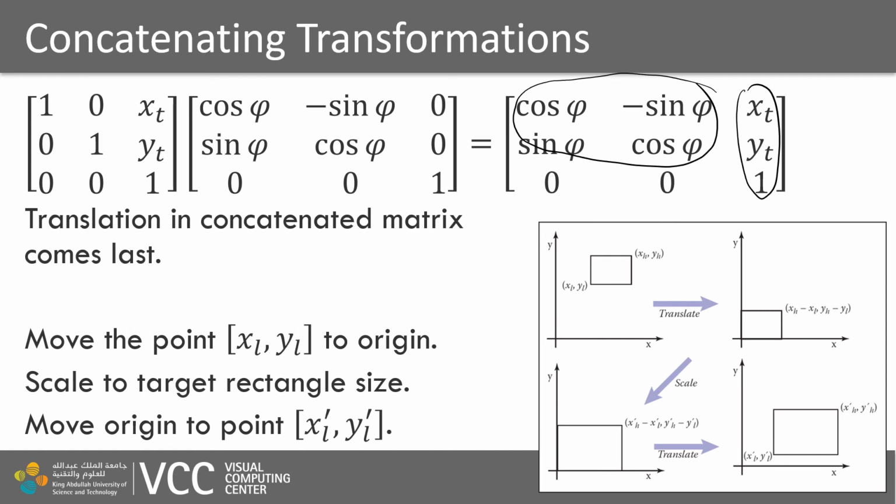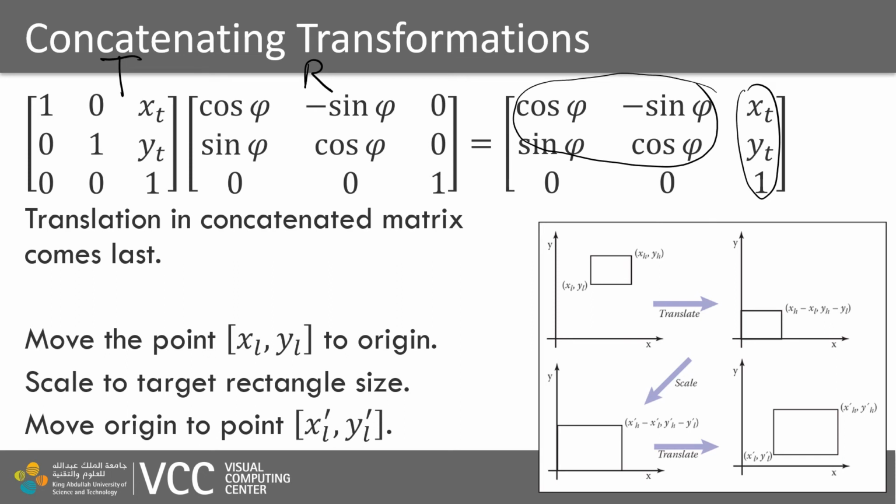It turns out that if we use the product of translation times rotation, this will yield us the matrix. So we have here rotation and translation. Which one will be applied first? First rotation, then translation.